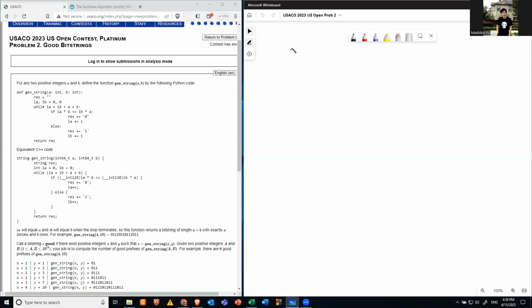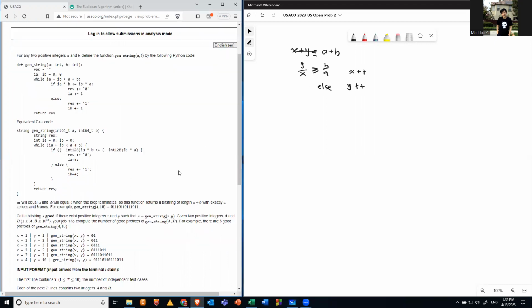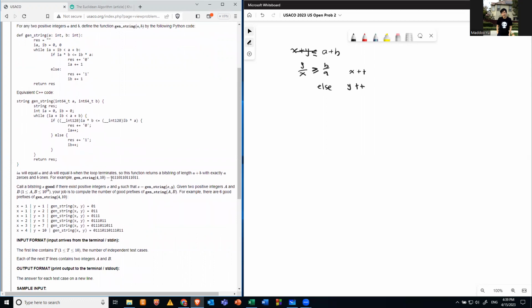If x plus y is less than or equal to A plus B, then what you do is: if y divided by x is bigger than or equal to B over A, then x plus plus, else y plus plus.